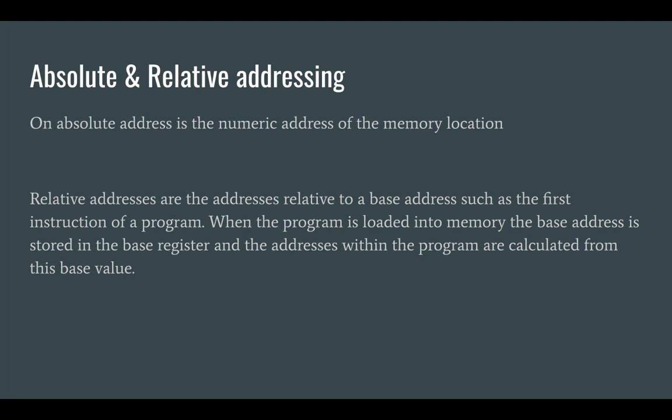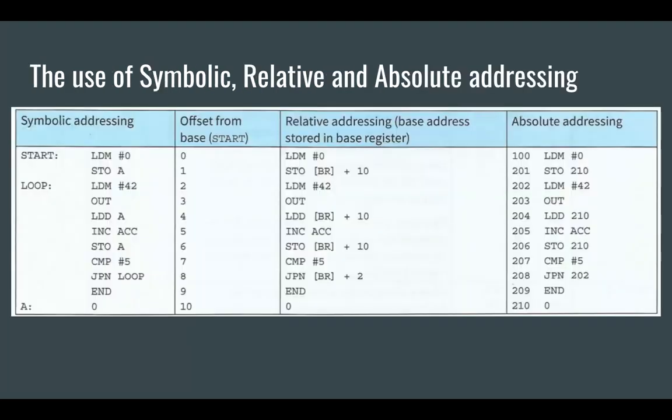We would have that as the first location, and then we would calculate from that point any absolute address locations from that point and the relative address that's included within the instruction. So to hopefully clarify this, we'll look at a comparison of symbolic, relative, and absolute addressing.